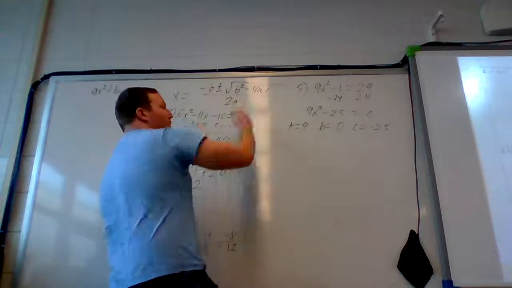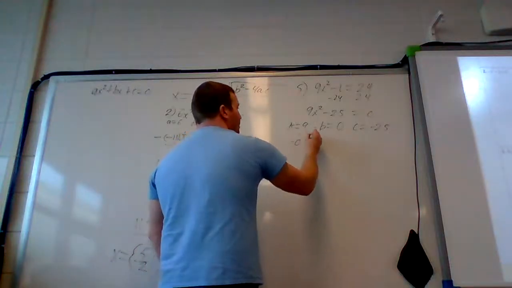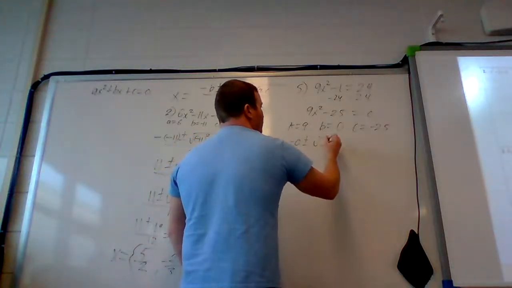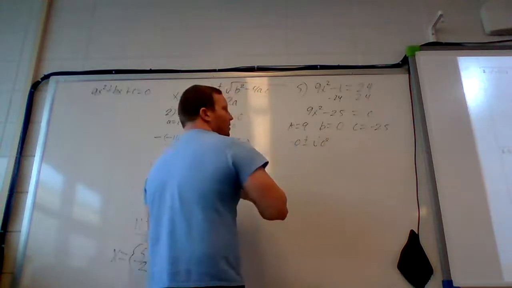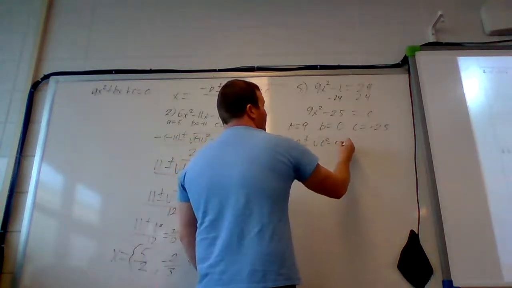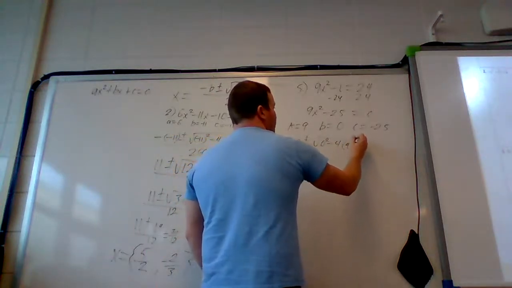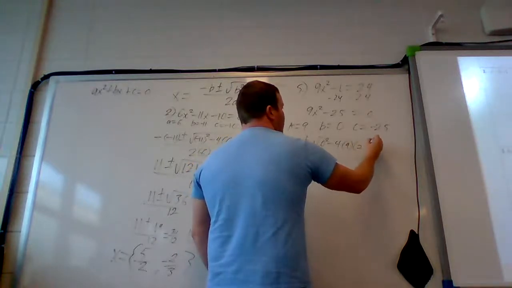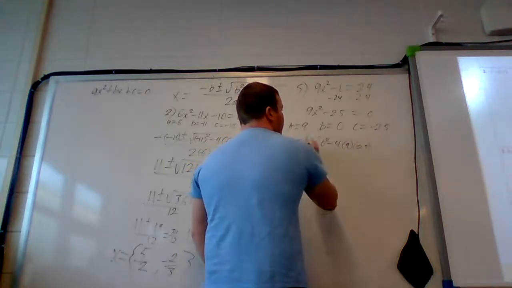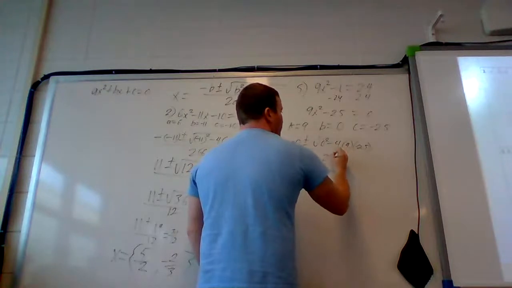So negative b, our b again is 0. And then it'll be the square root of 0 squared minus 4 times 9 times negative 25, over 2 times 9.